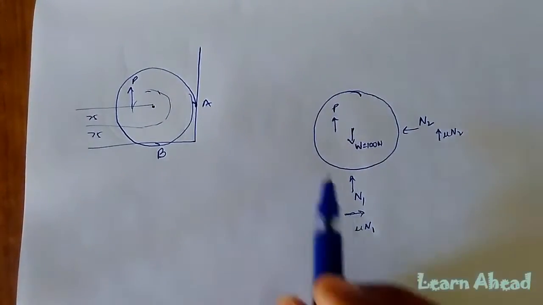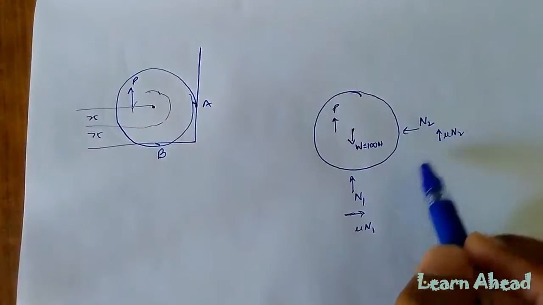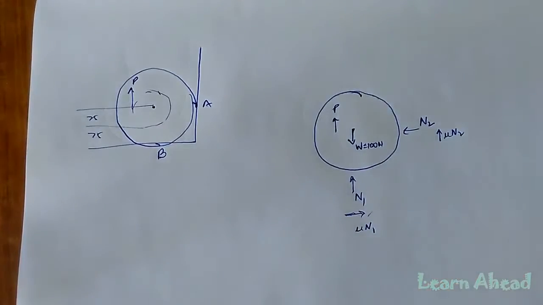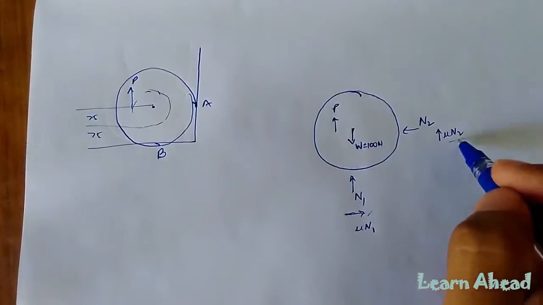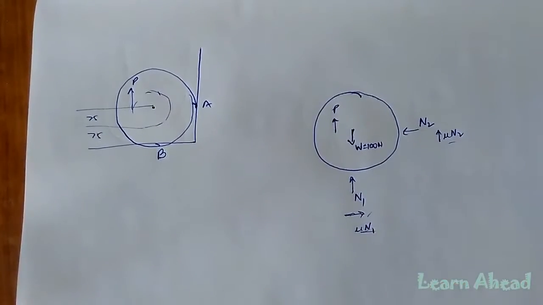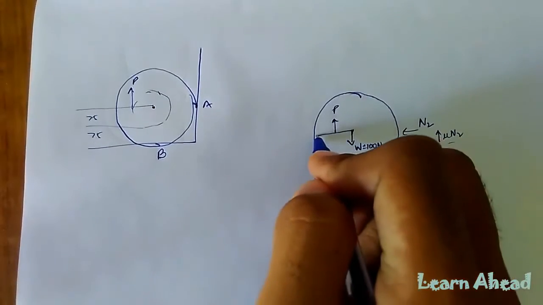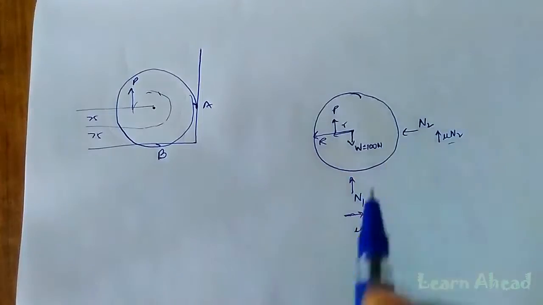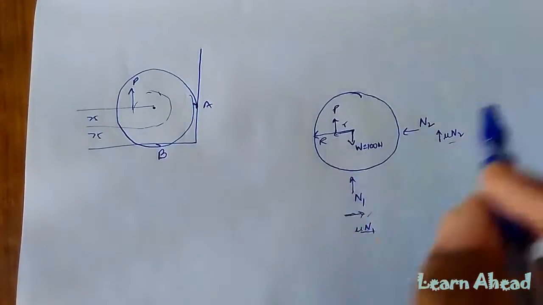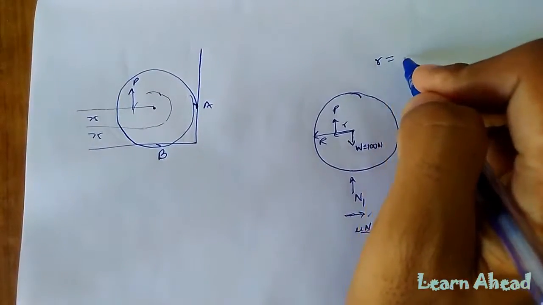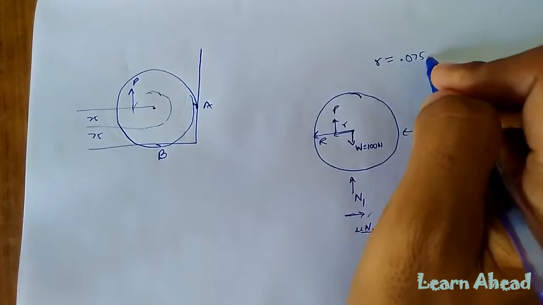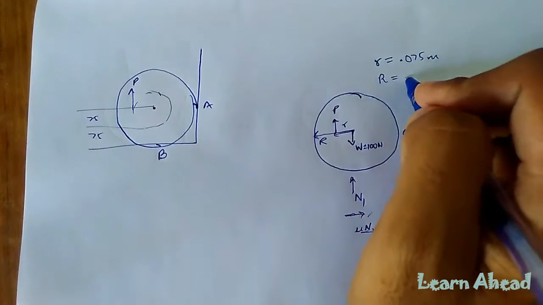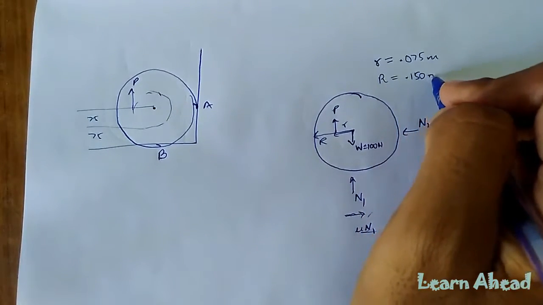What we want is that the moment applied by this P should equate the moment by these two frictional forces. Let me say that the larger radius is capital R and the smaller radius is small r. These also are known. Small r is known to be 0.075 and capital R is known to be 0.150 meter.